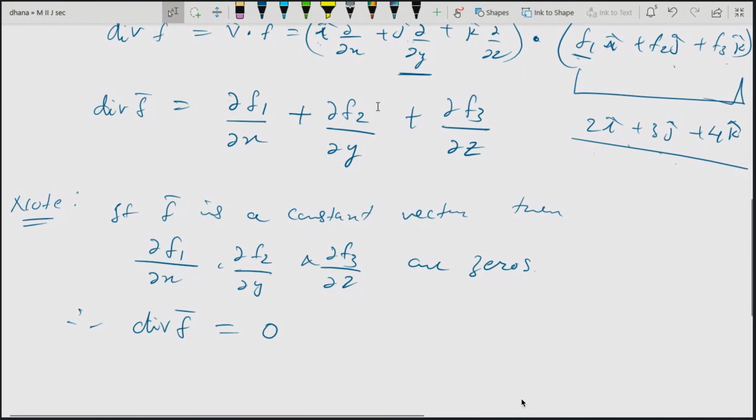You don't write 0 bar. Whereas this is not the case for gradient of G. If G is a constant scalar function, then gradient of G will be equal to 0 bar, a zero vector there. Understood now the difference? Yes, ma'am. Okay, so divergence of F bar will be equal to 0 for a constant vector.